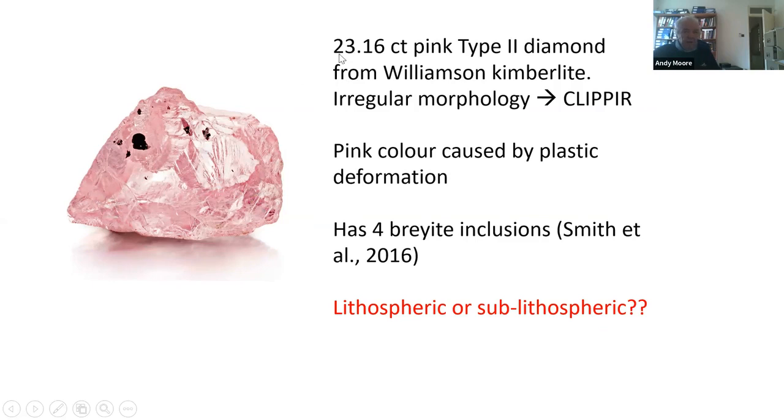It's a fairly large stone. So I don't think there's much debate about that. But what do the breyite inclusions tell us? It was inferred to be evidence for a sublithospheric provenance, but I think it's completely compatible with a lithospheric provenance. So in other words, the presence of breyite inclusions isn't conclusive.